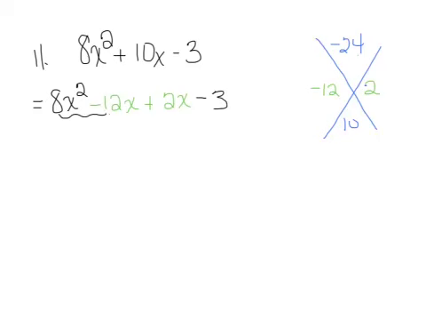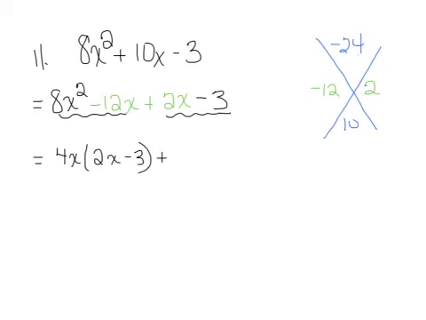Now if I want to group the first two together and the second two together, I look at the first two and I say they have a 4x in common, and that leaves us with a 2x minus 3.